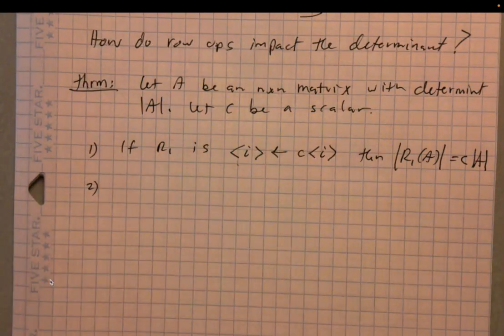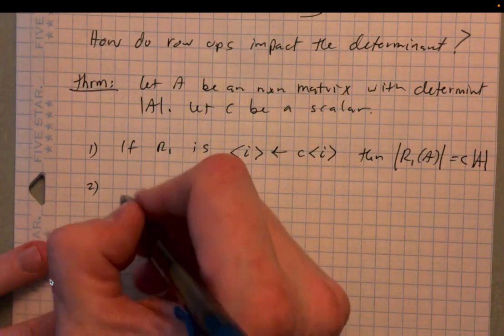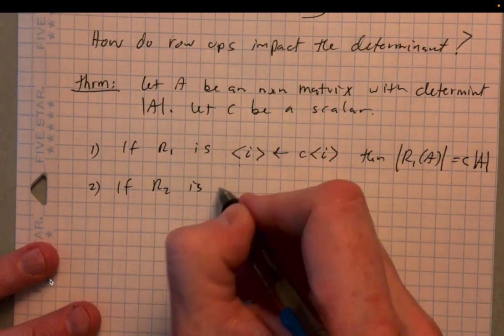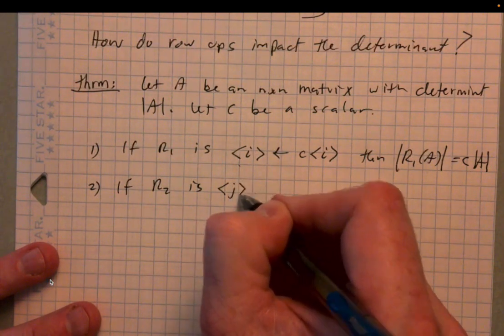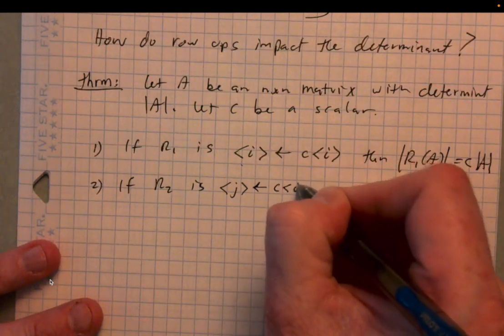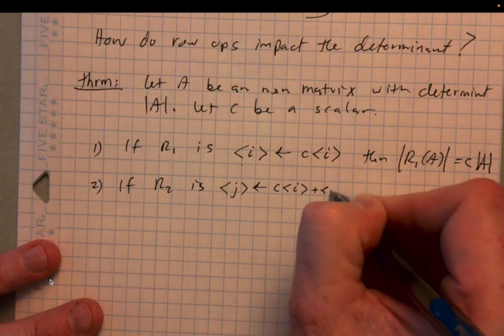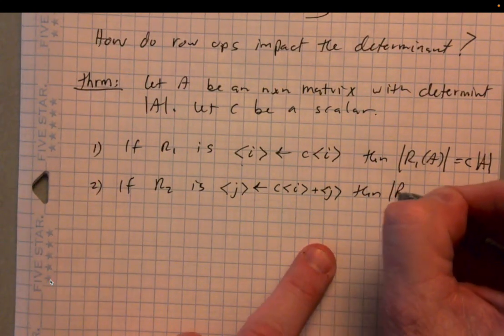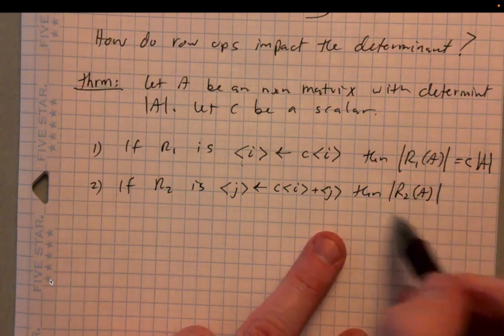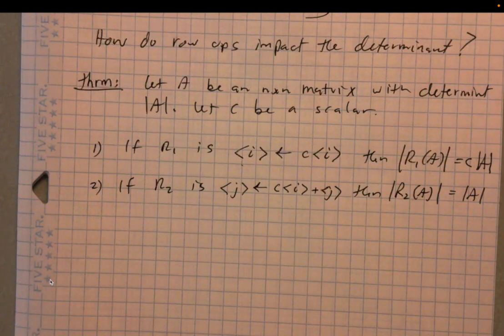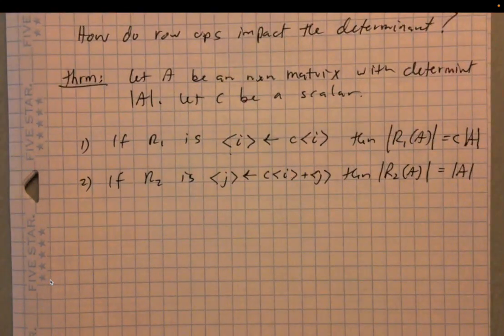The second row operation is kind of the really messy one, so we'll call that row operation 2. So if row operation 2 is you've got row J being replaced by a constant times row I plus row J, well, in this case, surprisingly, the determinant of the resultant matrix is the same as the determinant of A. This row operation actually has no effect on the value of the determinant.